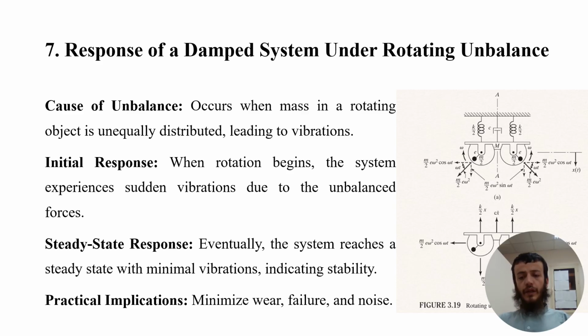The cause is when two masses are not equally distributed, the unbalance will occur. The initial response will begin when the system experiences sudden vibrations due to the unbalanced force, and the steady state response actually comes when we reach the steady state, that we minimize the vibration, indicating the instability.